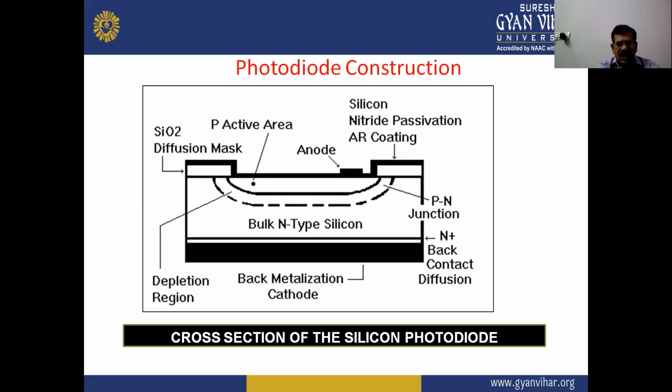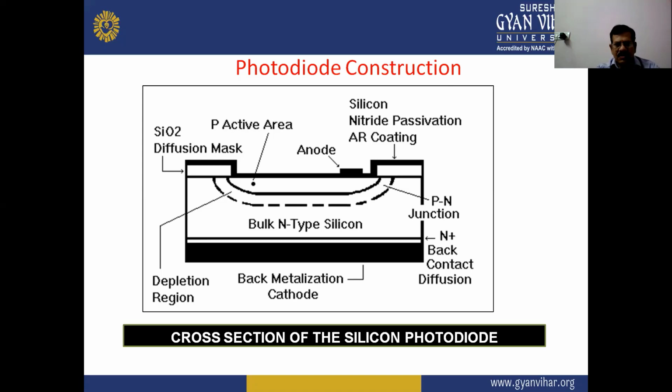So in the construction of photodiode, we take the P active area and deposit on this P active area a diffusion mask of SiO2, and we have the terminal of this P active area as the anode, and the silicon nitride passivation AR coating on the area of the anode, and the P-type area, and the second one is the N-type area, that is the bulk area.